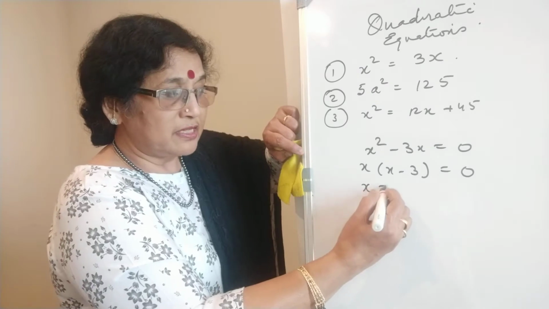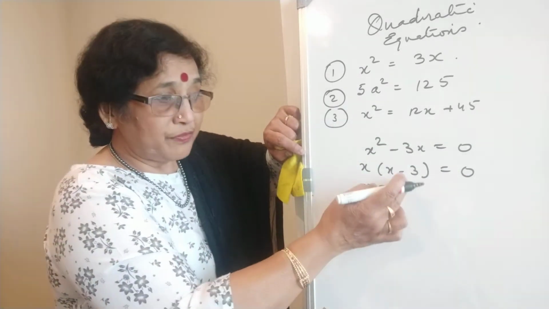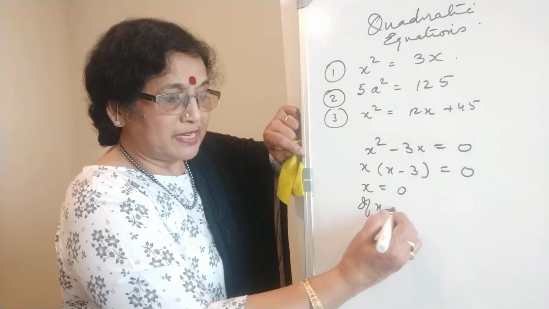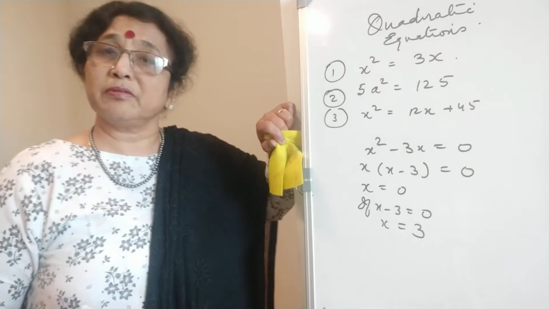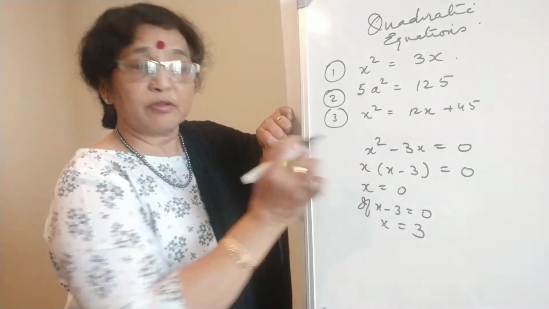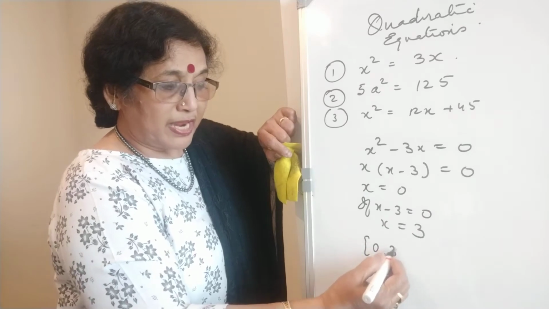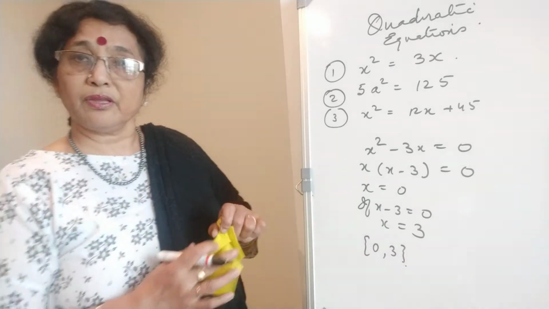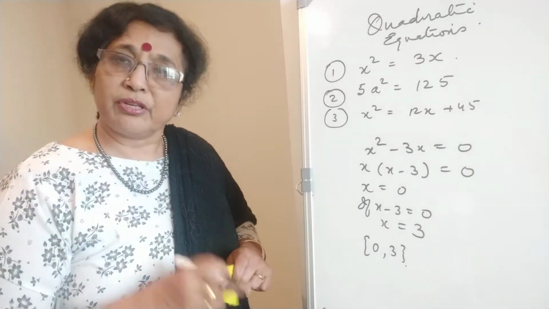So either x is 0, so 0 into x minus 3 will be 0. Or if x minus 3 is 0, then for x equals 3, this factor becomes 0. So when x is 3, this will be 0. So the two possible values are 0 and 3. The solution set is 0 and 3. So you got two answers.